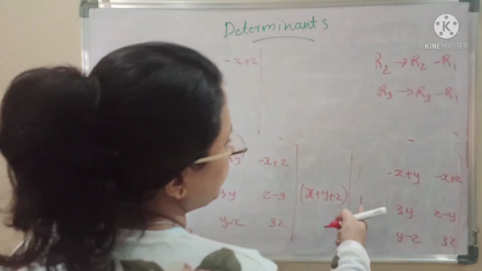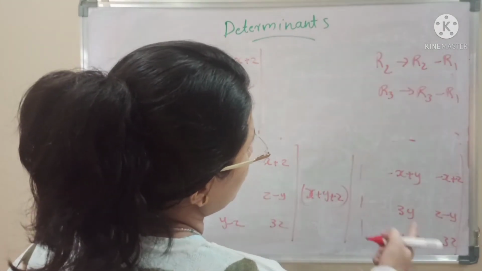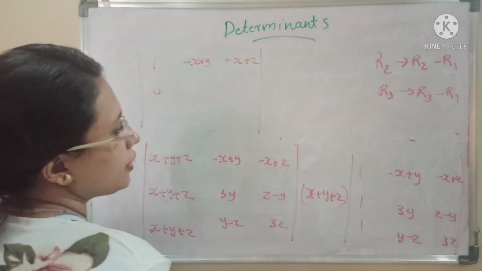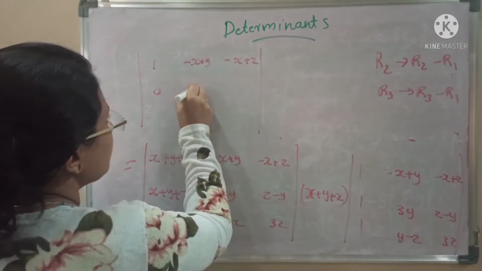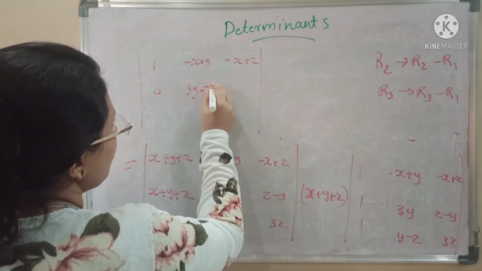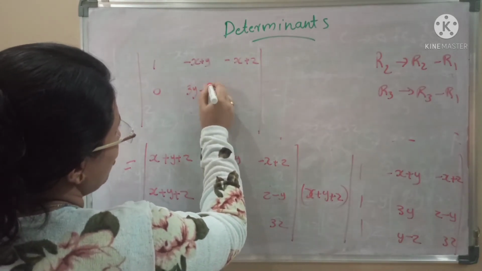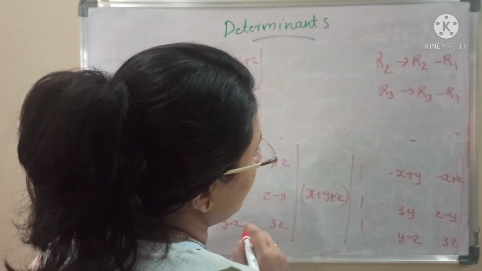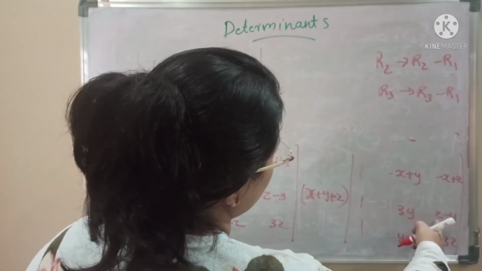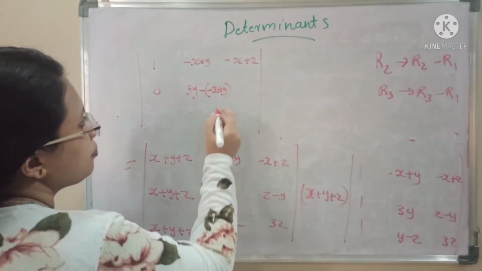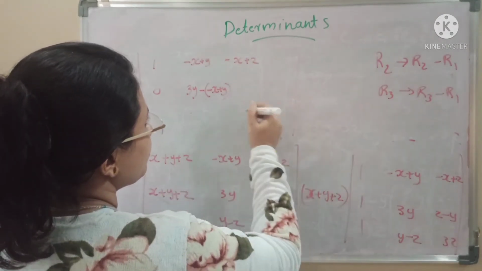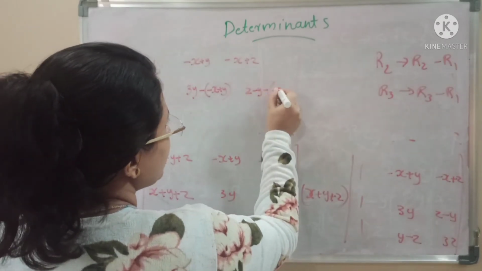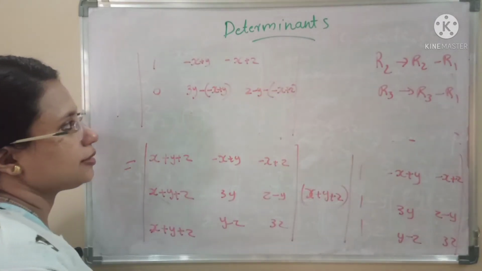Okay, now R2 minus R1, so 1 minus 1, 0, then 3y minus of minus x plus y. Okay, then z minus y, z minus y minus of minus x plus z, right?